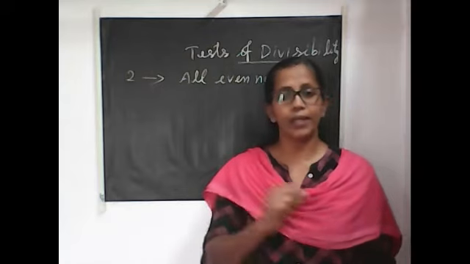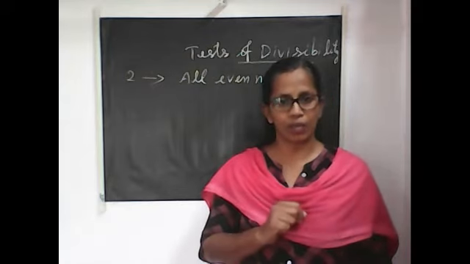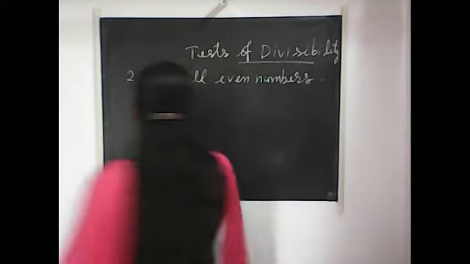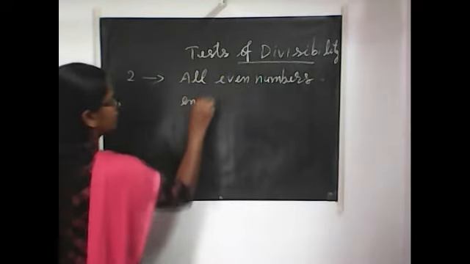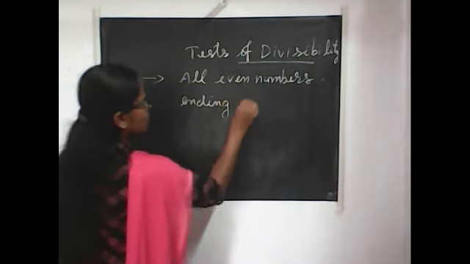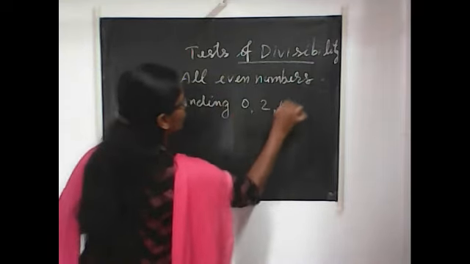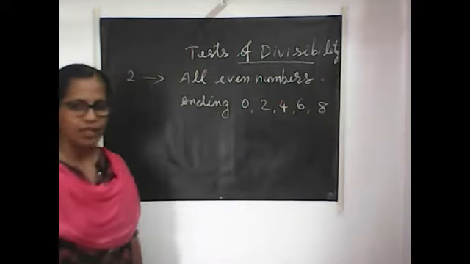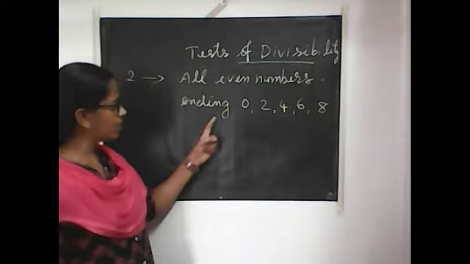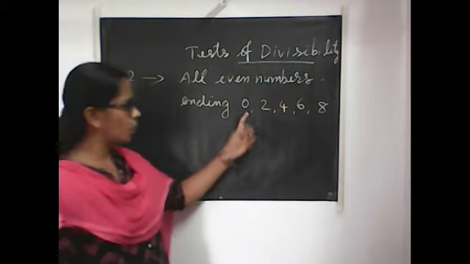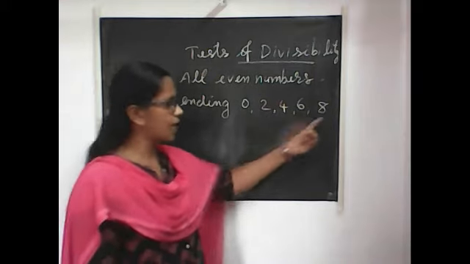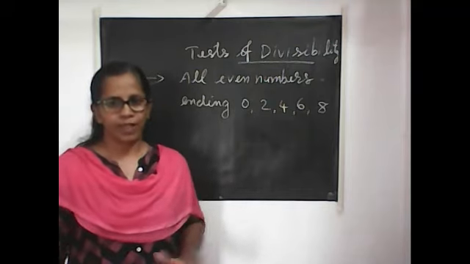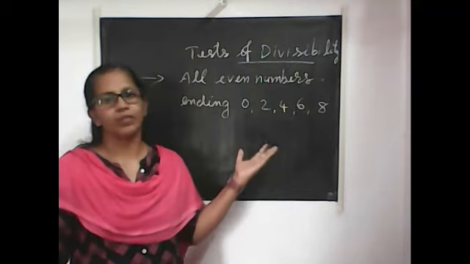So how can you identify whether the given number is an even number or not? For that, the condition is numbers ending with 0, 2, 4, 6 and 8. This is the condition to be an even number. All these numbers will be even numbers, and if it is an even number, it will be divisible by 2.